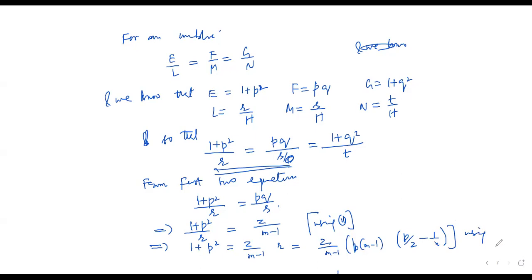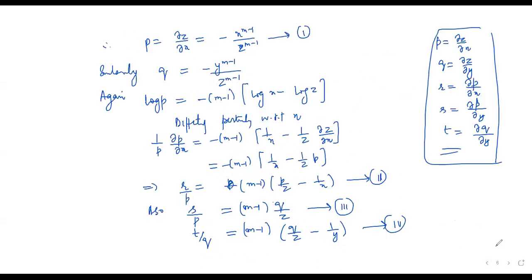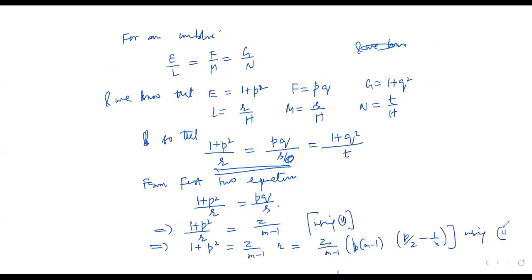So m minus 1 cancels, z cancels, which is actually p square minus pz divided by x.